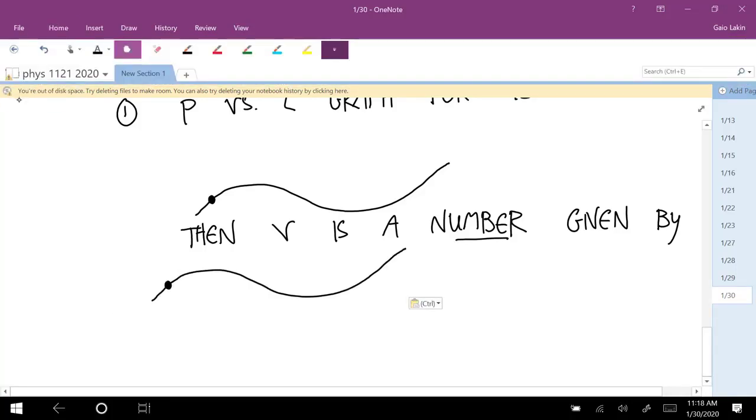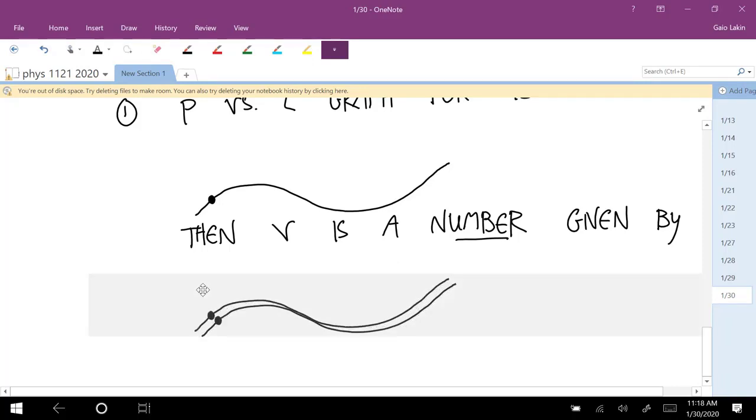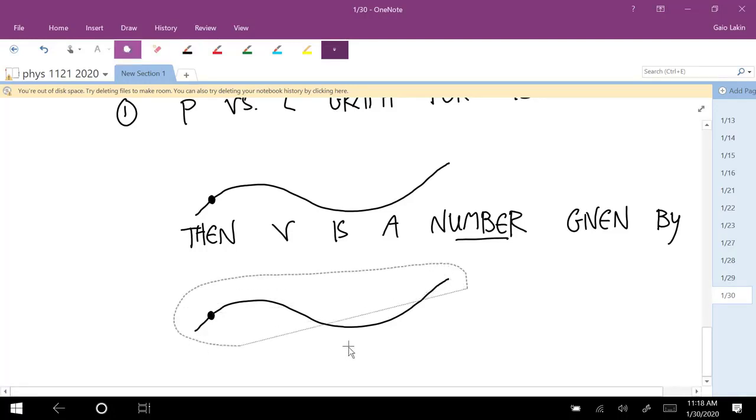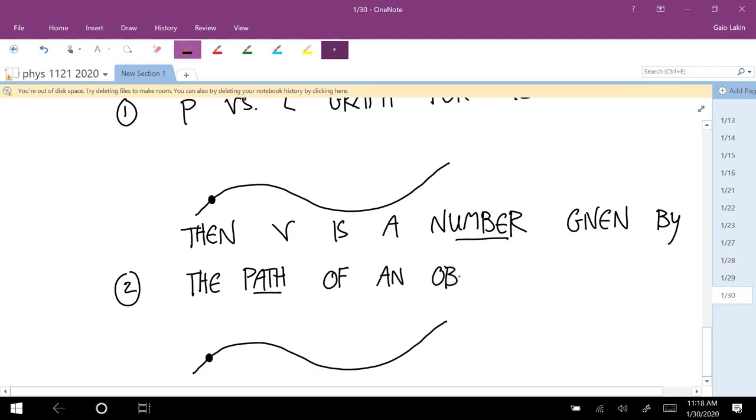The second one, two, is the path of an object in 2D.